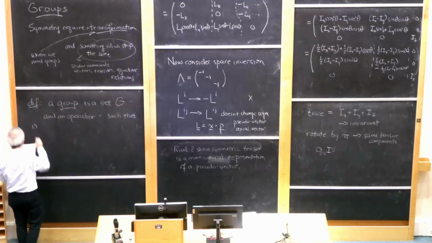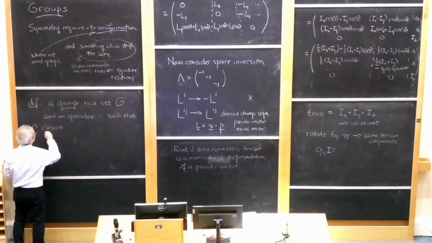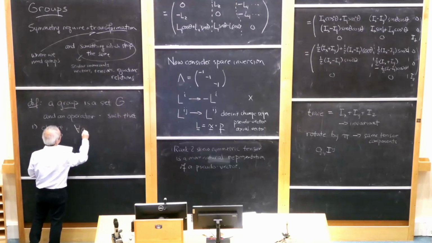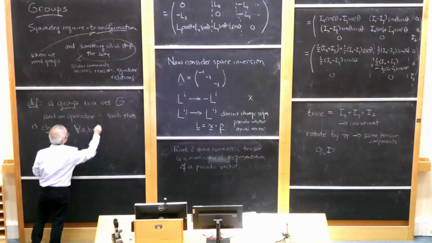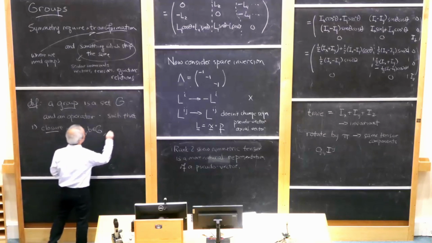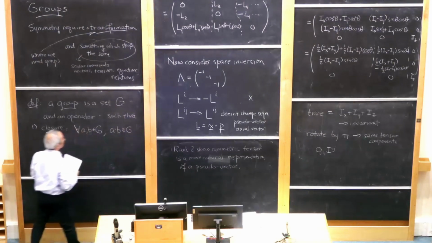The first one is often called closure. That means for every A and B, two elements of G, then A dot B is also an element of G.